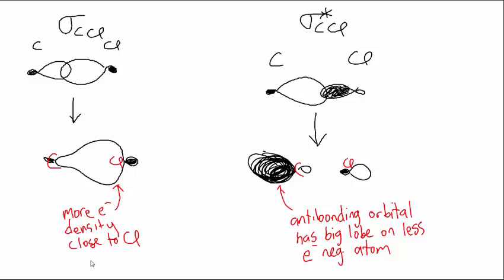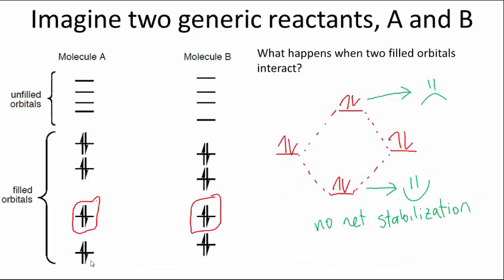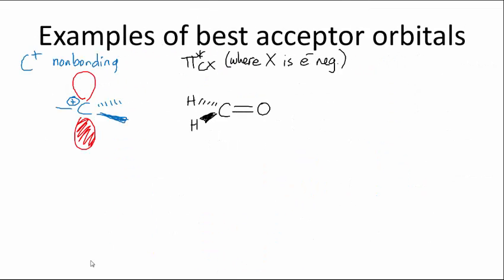So back when we talked about CCl, we said the more electron density goes next to the more electronegative atom. So the bonding orbital lies more on the more electronegative atom, but the antibonding orbital has its bigger part on the less electronegative atom. So coming back to this example, my pi star CO is going to have a big part on the carbon and a small part on the oxygen.